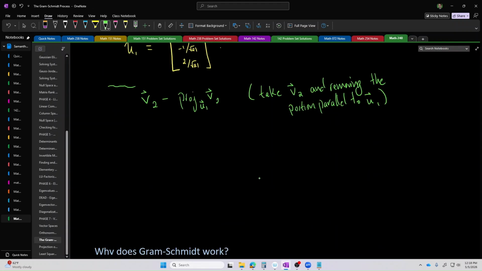So in the context of our example, if I want to find the projection of v2 onto the vector u1, I could do that by dotting the two vectors together, v2 dotted with u1 over u1 dotted with u1, applied to the vector u1.